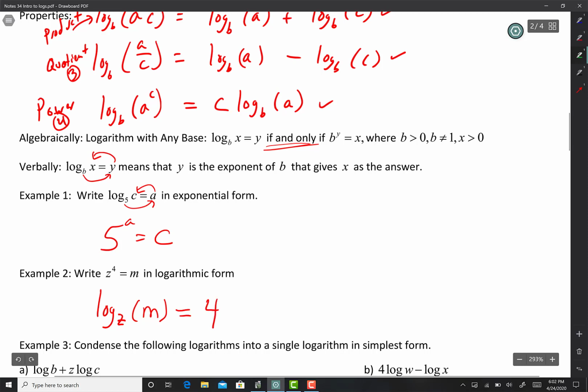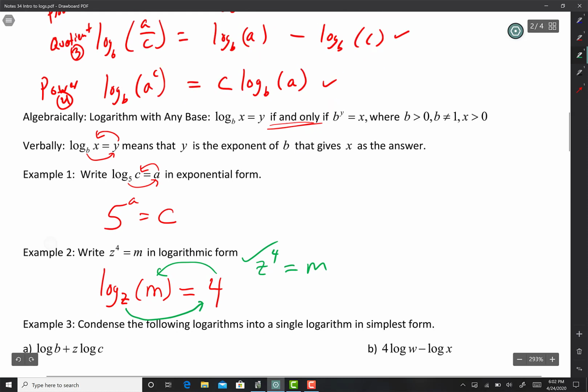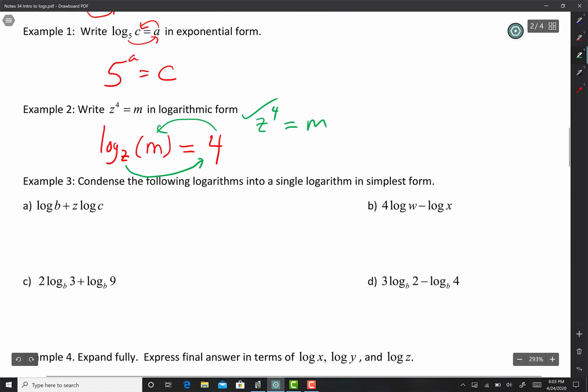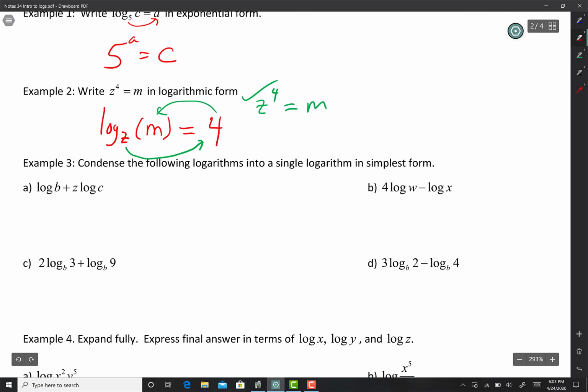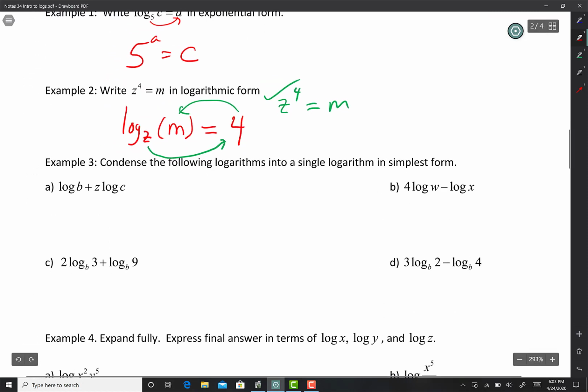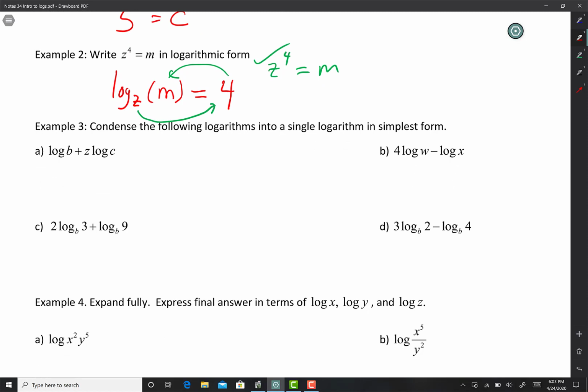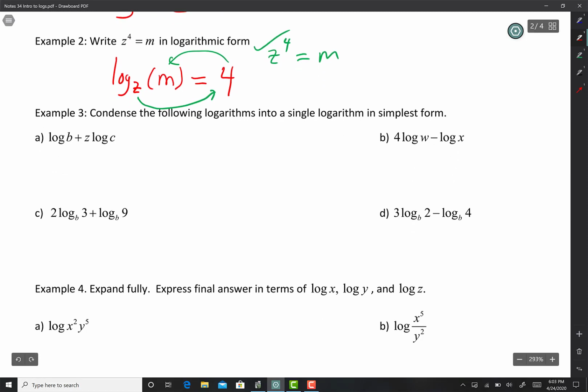If we check it, Z to the power 4 equals the inside of that argument. Boom, it works. Just property 1. Cool? All right, awesome. Now we're just using the properties, and we've talked about all the properties. Hopefully they were clear. If they weren't, please leave a comment, and I will try to redo them again.